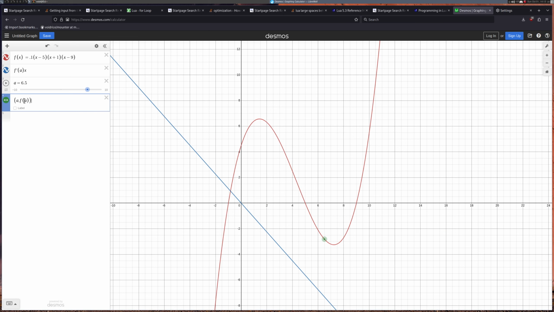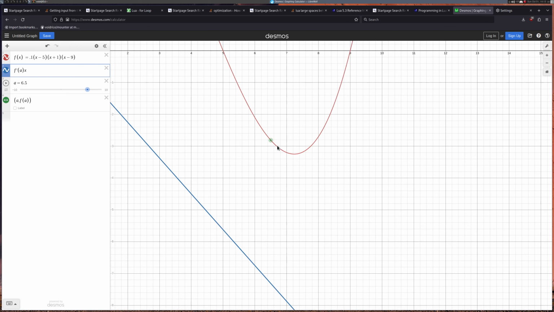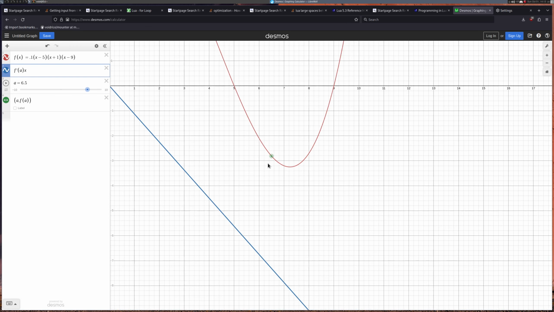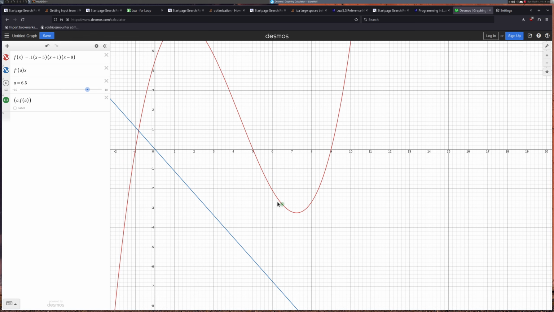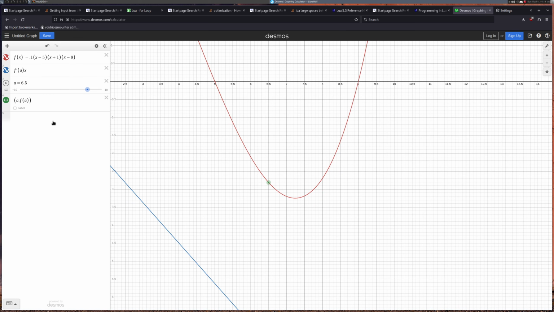So put the extra parentheses. Alright, so what we want is for this to be kissing this point, or kissing that line. So we find where it is. So if we remember, mx plus b, and in this case m is f prime of a.